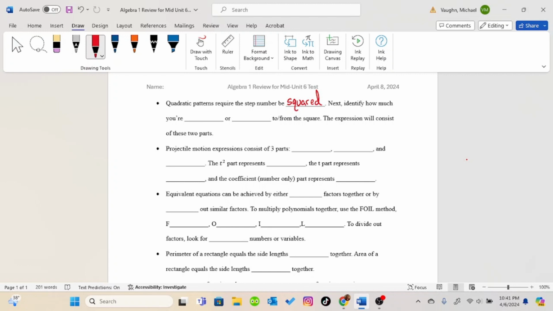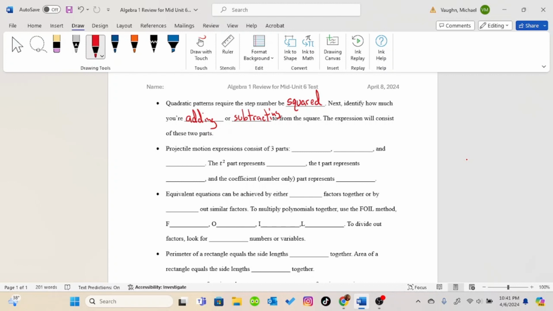So once you've been able to identify the square, next identify how much you are adding or subtracting to or from the square.